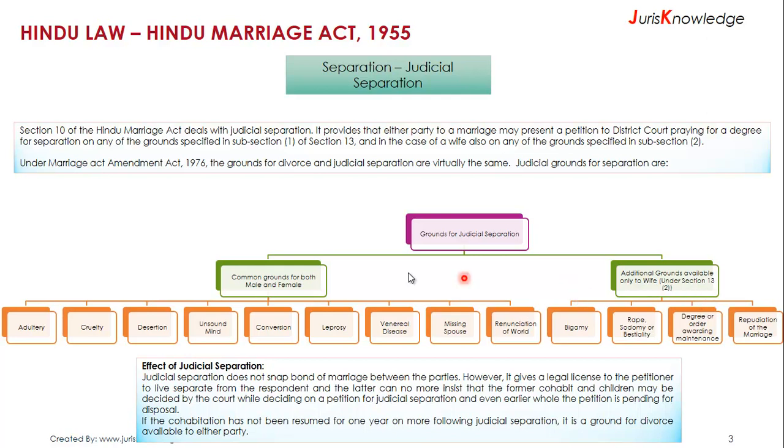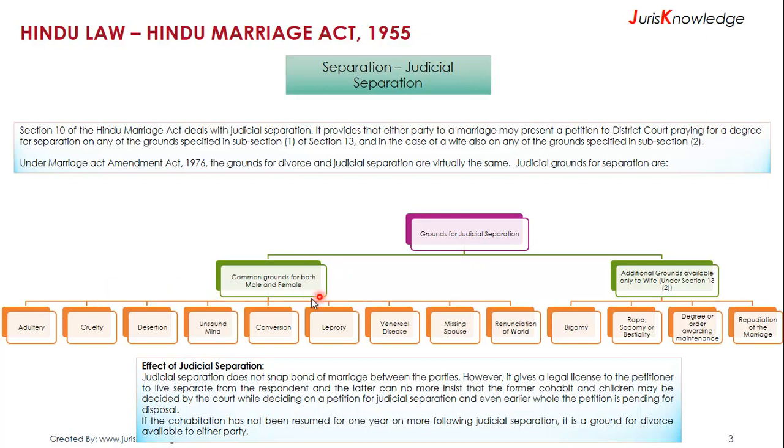We will look at what are the common grounds for both male and female based on which judicial separation can be granted. And then there are additional grounds available only to wife under section 13, clause 2 of the Hindu Marriage Act.